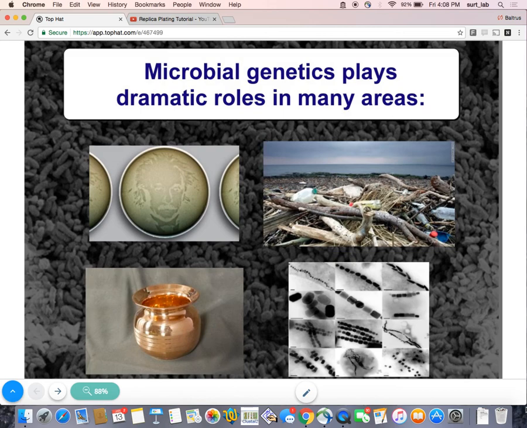The bottom right is there are a lot of cool little things in nature that happen that we don't know what to do with yet, but in the future might be possible. Later in the class, I'll talk about CRISPRs. Those started in microbes. They're still in microbes, but they've been developed for genetic engineering and other things. The bottom right is some microbes. We're always taught in earlier classes that prokaryotes have no nucleus, no inner membrane organelles.